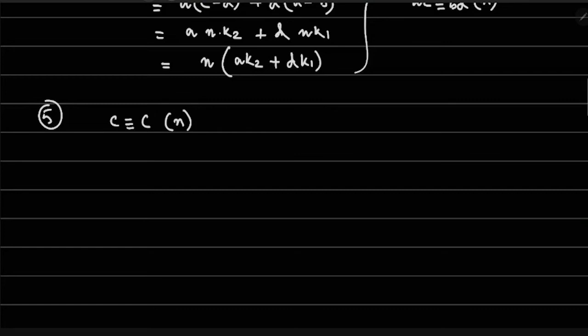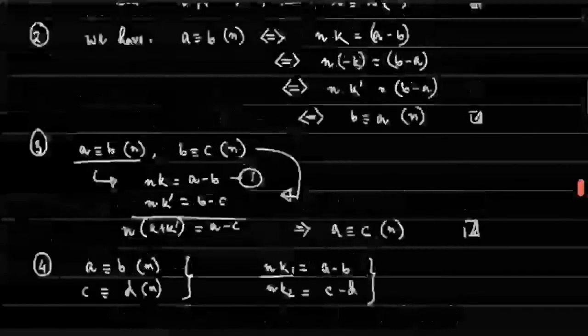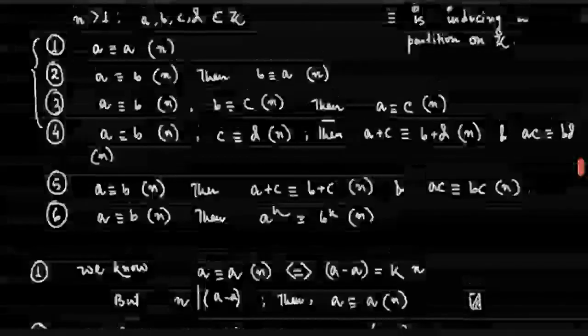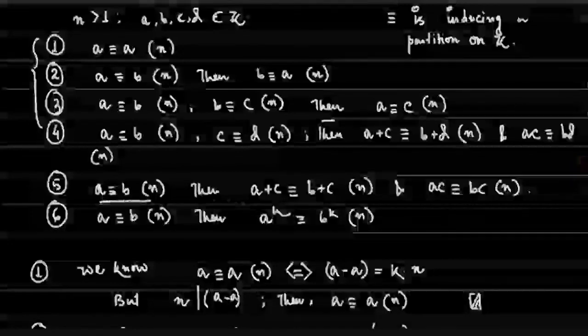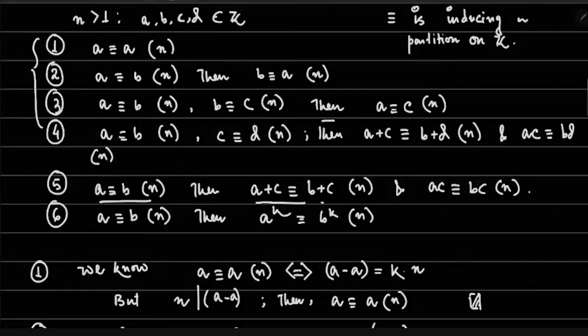Now for the fifth one, let's have an observation. From the first statement, we have C congruent to C mod n, right? And we have A is congruent to B mod n. My fifth statement is: A congruent to B, then A plus C is congruent to B plus C mod n, and AC is congruent to BC mod n.